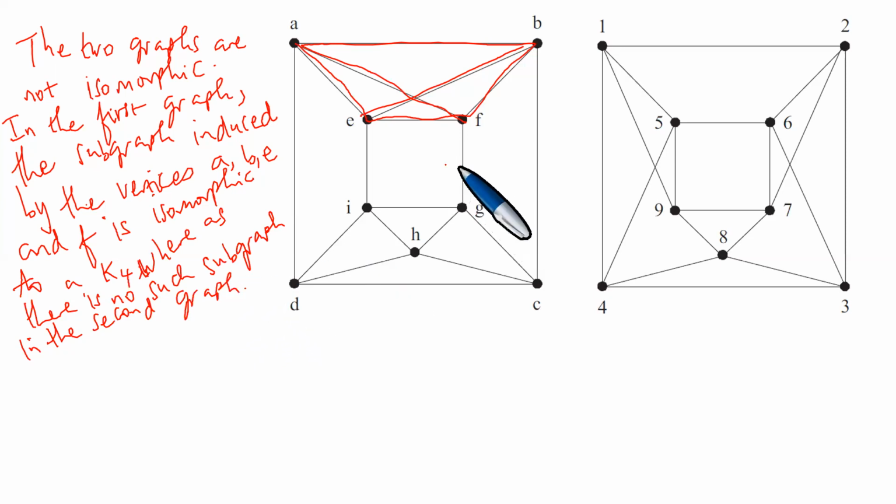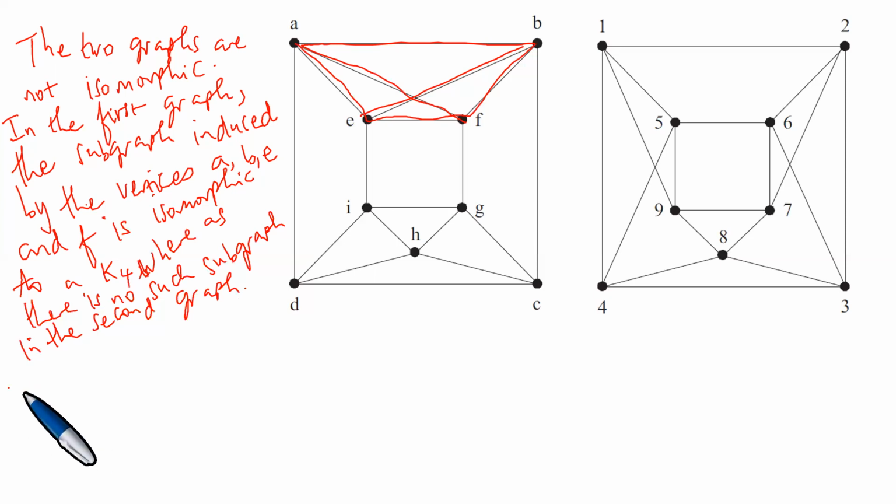We do not have, this is just saying this graph is isomorphic to the K4. It is in fact a K4, this subgraph, but there's no K4 here. So because of that, this graph has a subgraph that is not there, so the two cannot be isomorphic because of that.